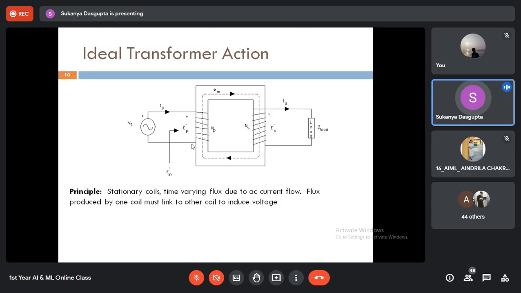E dash P will be developed because of the flux, because of Faraday's law or Lenz's law. E dash P is proportional to NP d phi dt, right? And this magnetic flux phi is generated from the alternating voltage VP or alternating current IP.